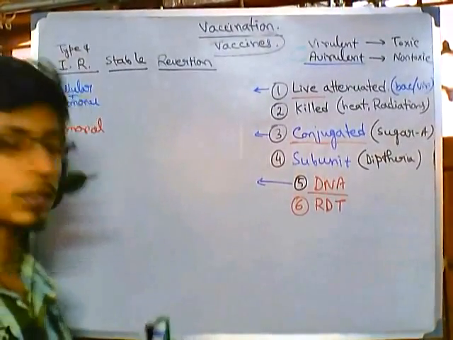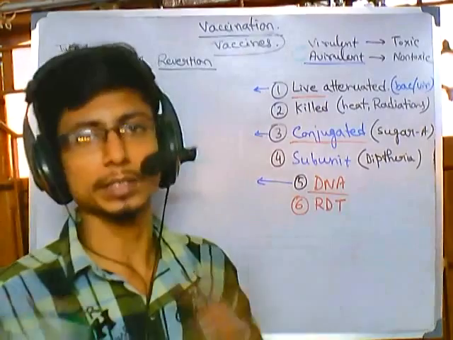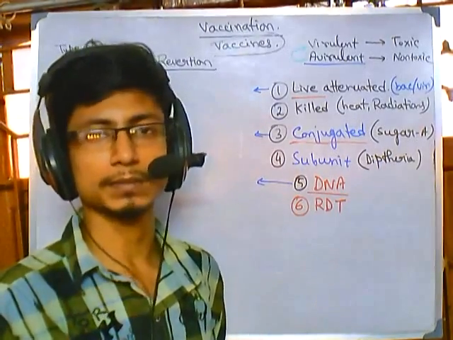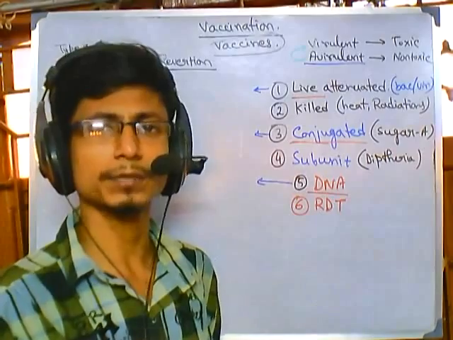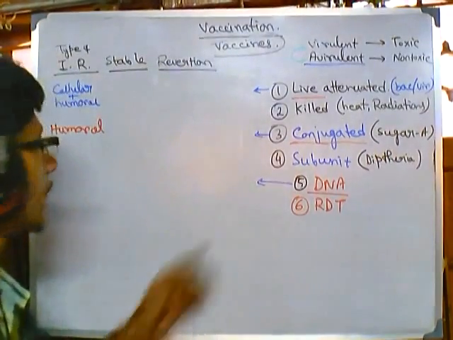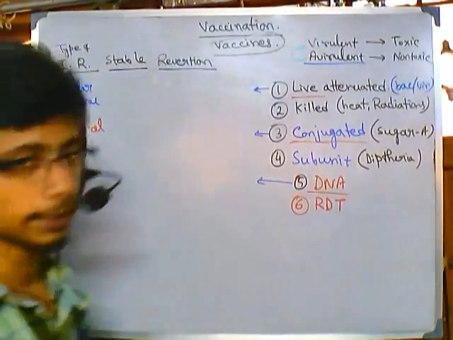Because we know that we have two different types of immune response, one is cellular, another one is humoral. Cellular mode is dealt with by macrophages, killer cells, dendritic cells, lymphocytes and so on.